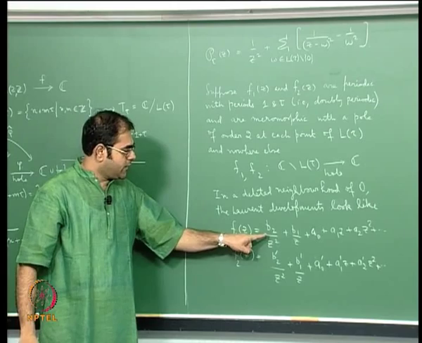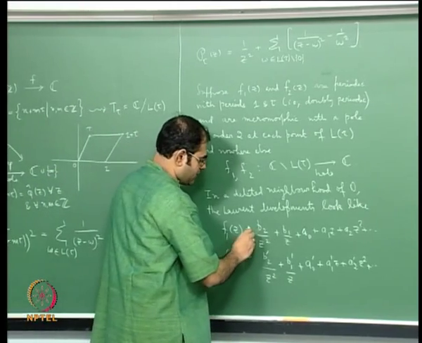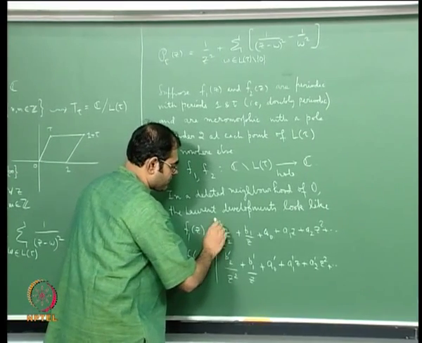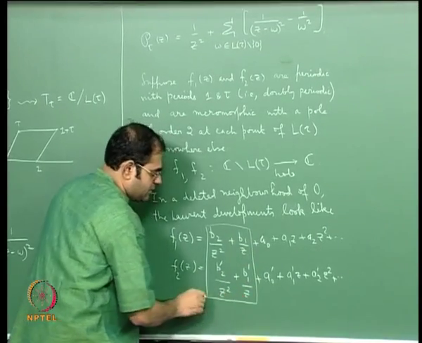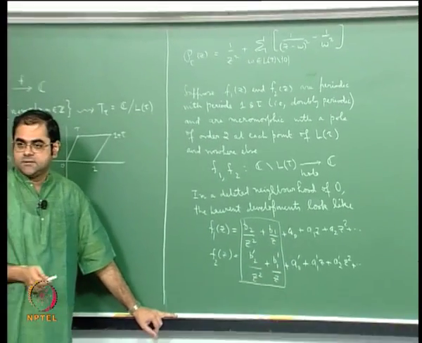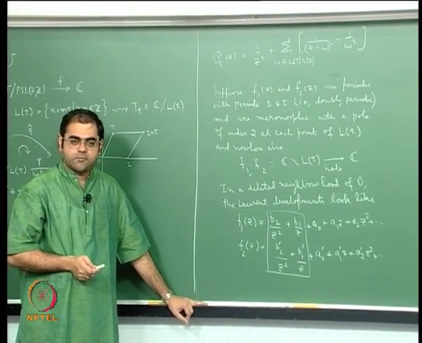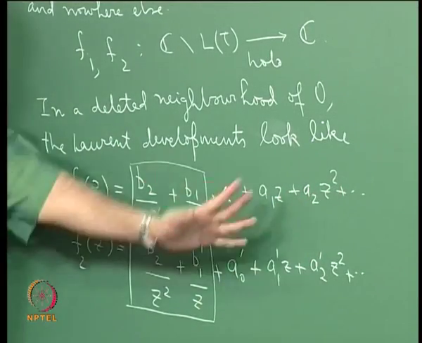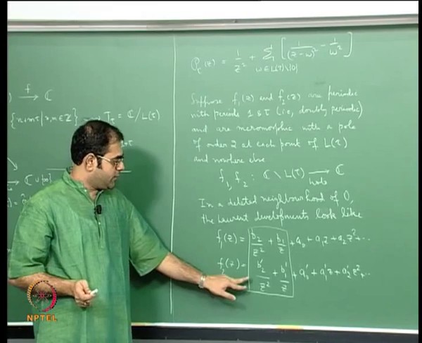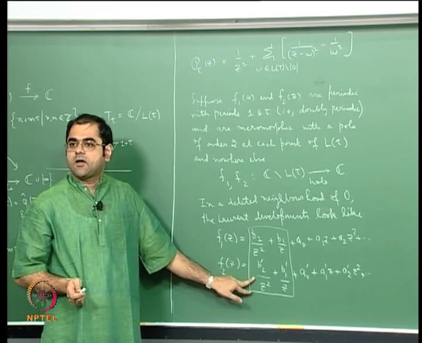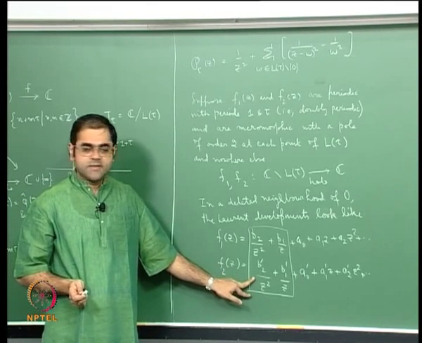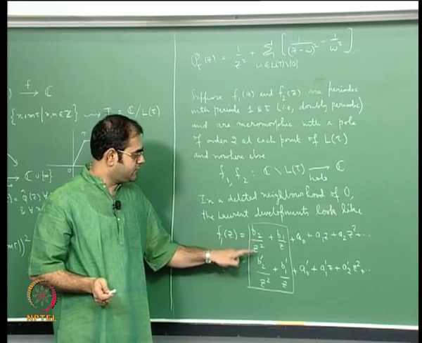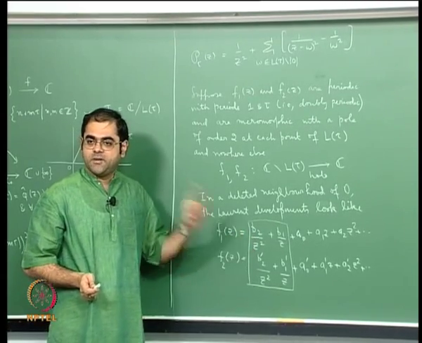And the point is that this part corresponds to the so called singular part of the Laurent development. The rest of it is an analytic function. Now the normalization condition that I put is I will set the coefficient of 1 by z squared to be 1.